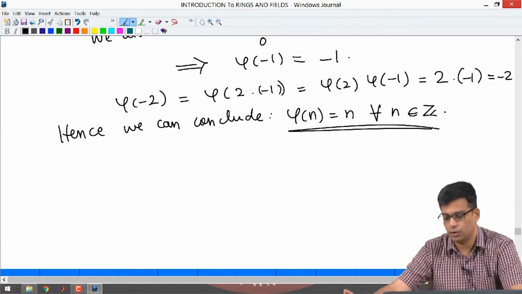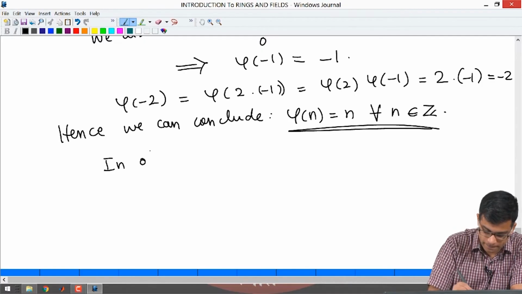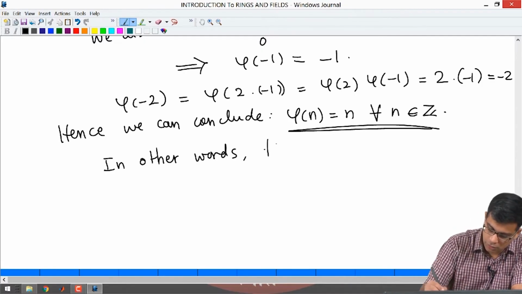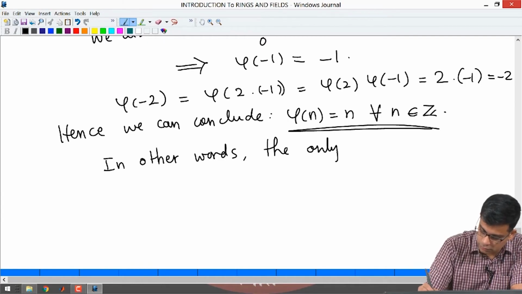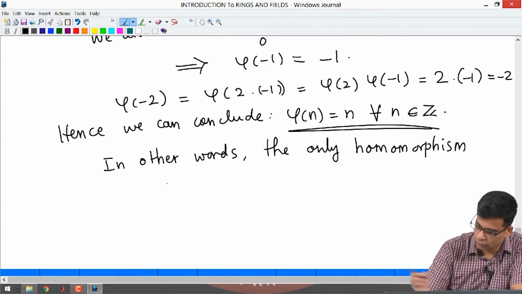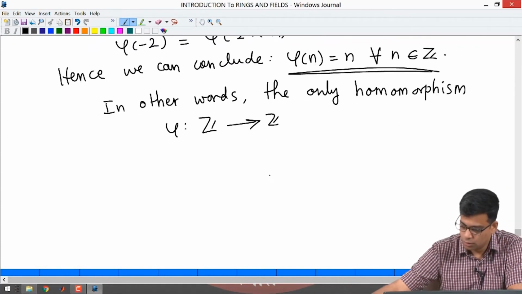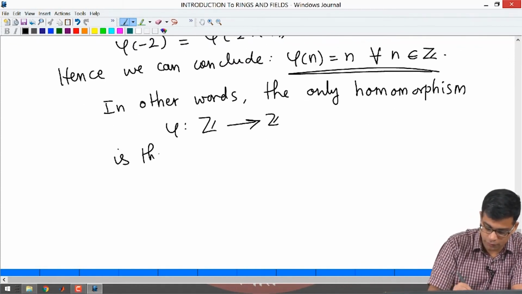Phi of n is equal to n for every n in Z. In other words, the only homomorphism from Z to Z is the identity homomorphism.